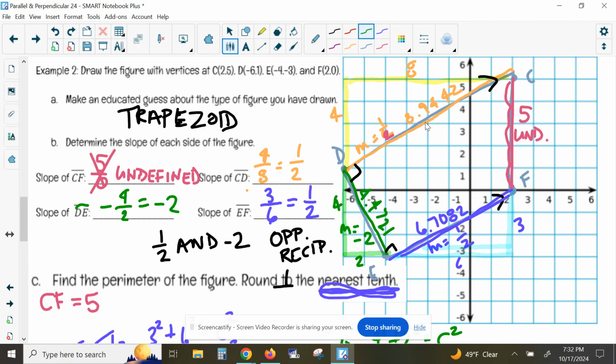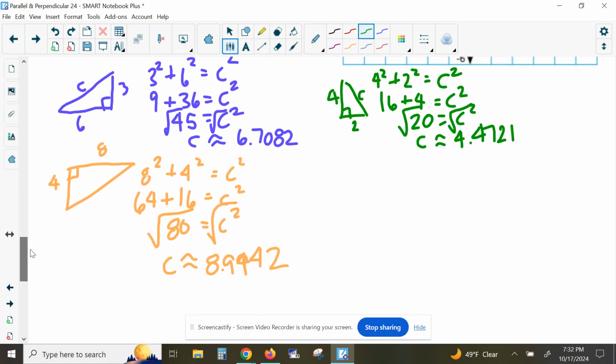So you're going to add up this number, plus that number, plus that number, plus that number. Okay, so what do we get for our perimeter? If I add up those 4 numbers, I get approximately 25.1245. And then the directions say to round it to the tenth place.